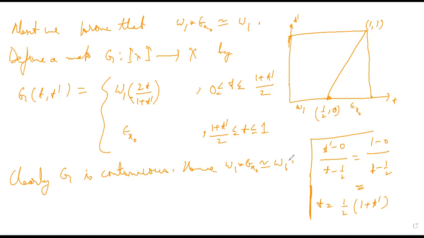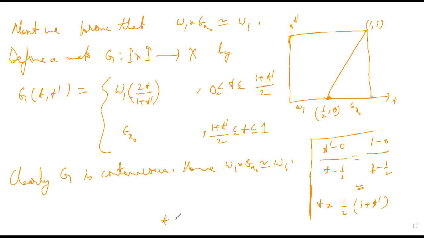This completes the proof. So how do we define this one? In the same way, we want to complete this omega 1 for the value of t between 0 and (1 plus t prime) upon 2. So we will use a similar method as in the previous case.